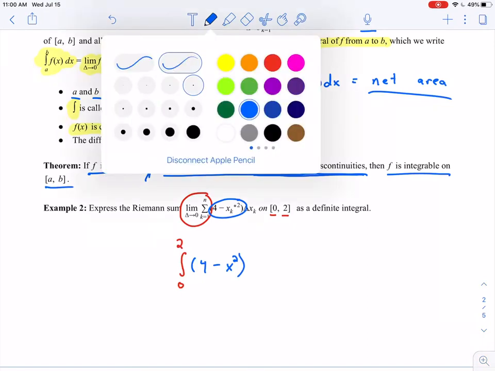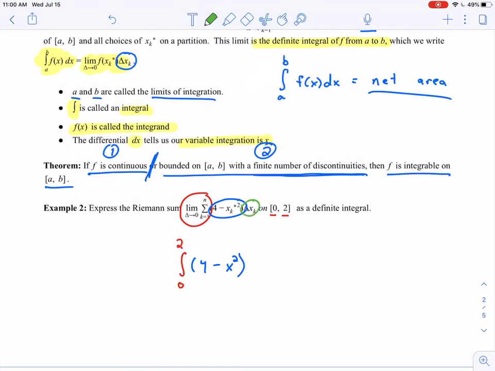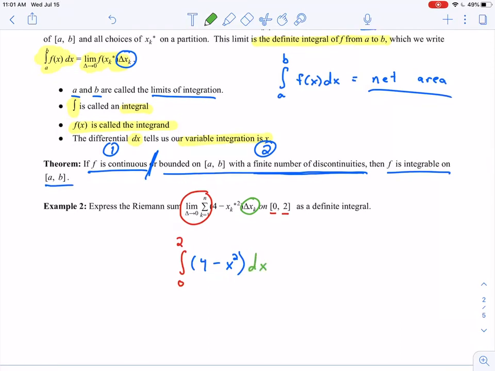And then the delta x is kind of covered up here. The delta x right there, that is our differential dx. What's happening is that this width is getting smaller and smaller and smaller until we say, you know what, it's infinitely small. And that's actually what that dx represents: an infinitely small width of a rectangle, which means we need to have infinitely many rectangles.